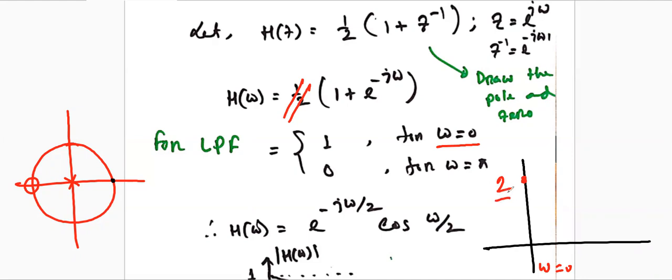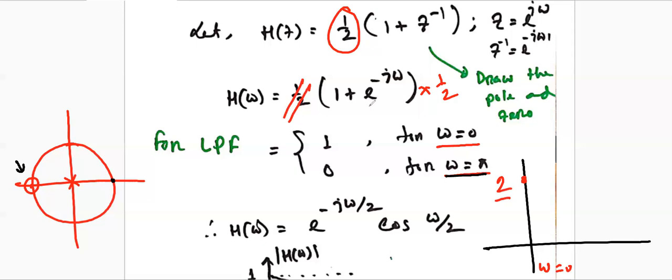So to normalize this, we need to multiply it with half, and that's why this half is introduced here. For omega equals pi, try to understand, at omega equals pi, that means at this point, what happened?